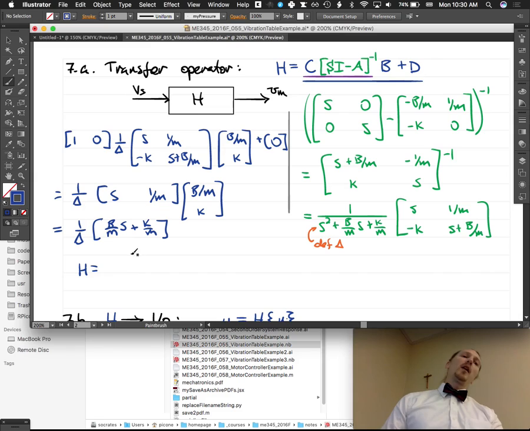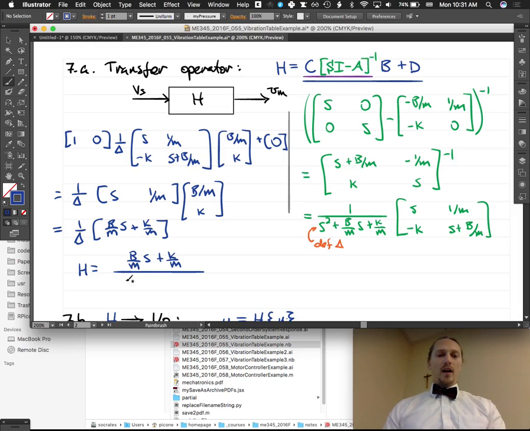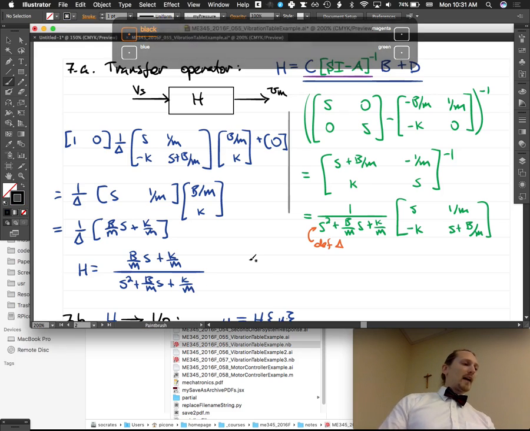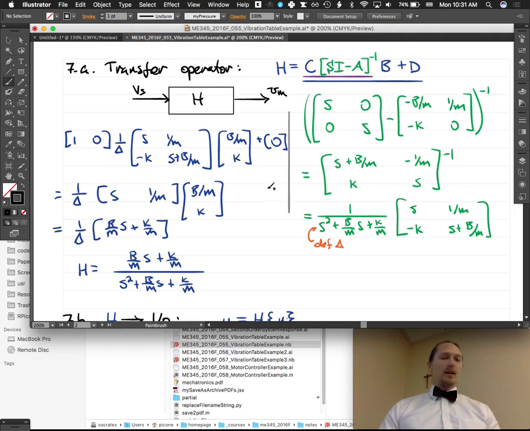Since this is a 1 by 1, we're just going to drop the matrix notation. And we're just going to say this is B over M S plus K over M divided by, so this is the delta part, S squared plus B over M S plus K over M. So we have our system transfer operator.